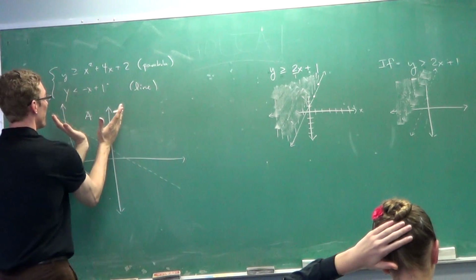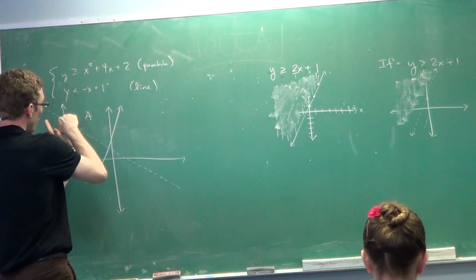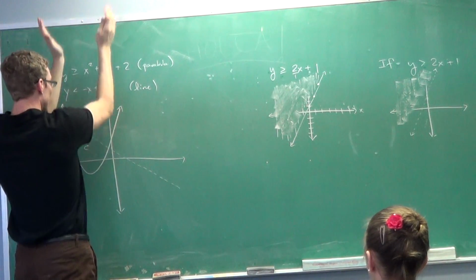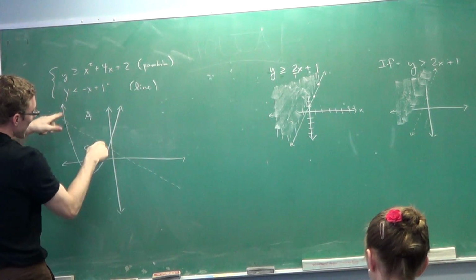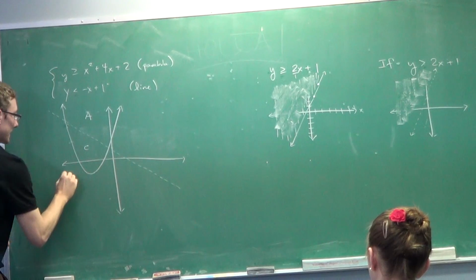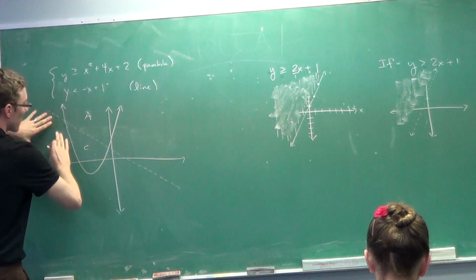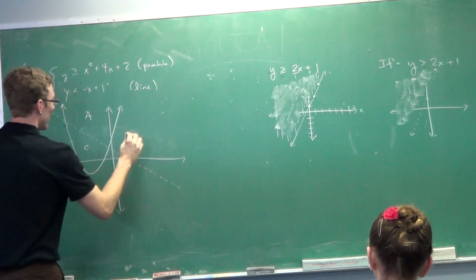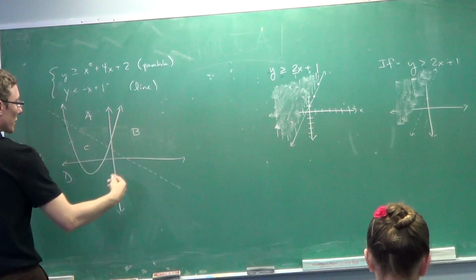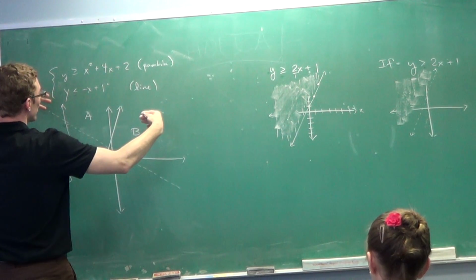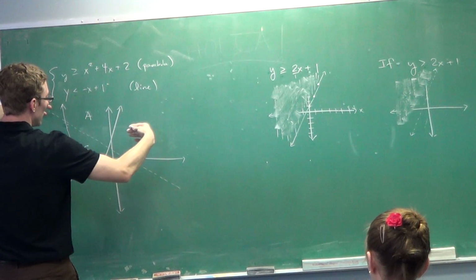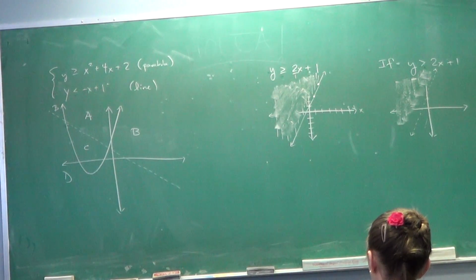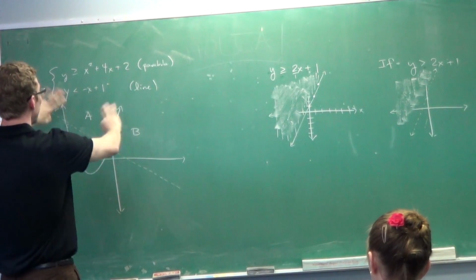A is this region that's bounded by the dashed line and the two sides of the parabola. C is the region bounded by the dashed line and the bottom of the parabola. D is this region that's down below the dashed line and below the parabola. And B is the region that's above the dashed line and outside the parabola.